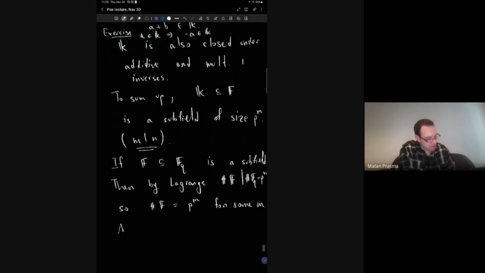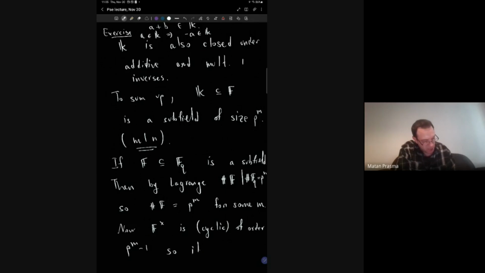Now, the multiplicative group of F is cyclic of order p^m minus 1. Actually, the cyclic is not necessary.